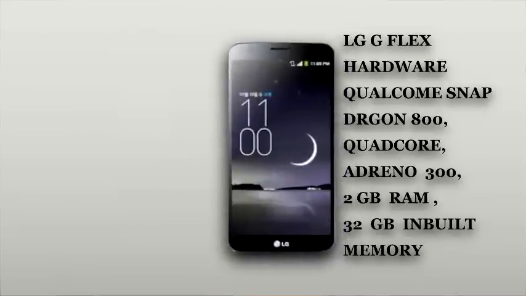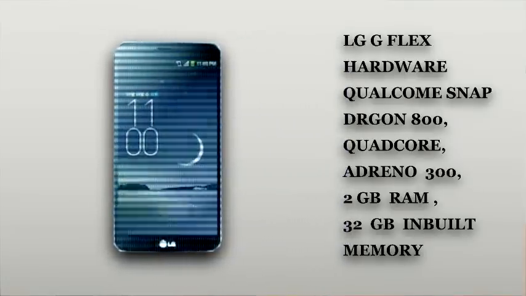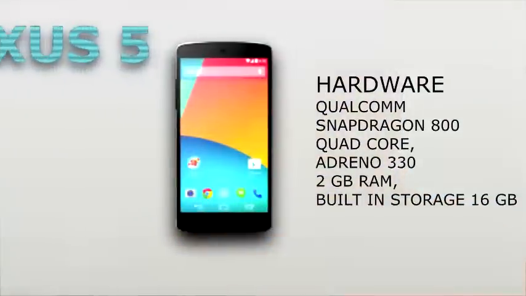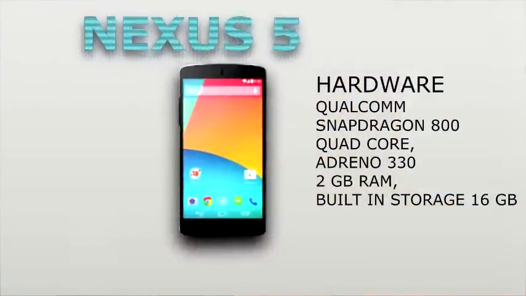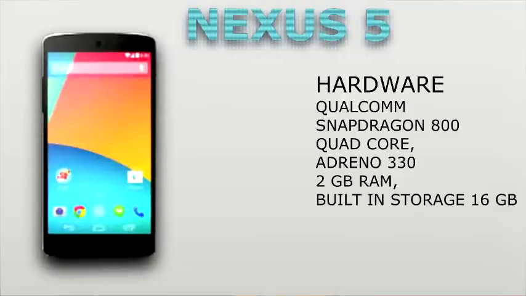Because most of us want to play games and do multitasking on our devices, they have put an Adreno 300 graphic processor with it, with 2 GB of RAM and 32 GB of memory. When it comes to Google Nexus 5, it has a quad-core Snapdragon 800 chip. For graphics processor, we have Adreno 330, with 2 GB of RAM and 16 GB of built-in memory.